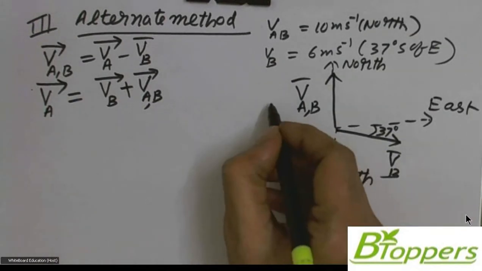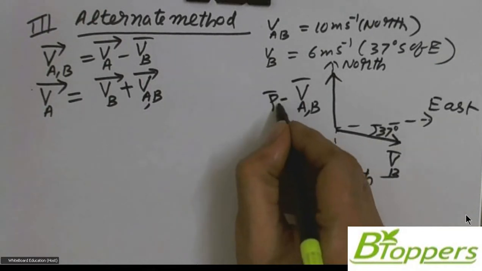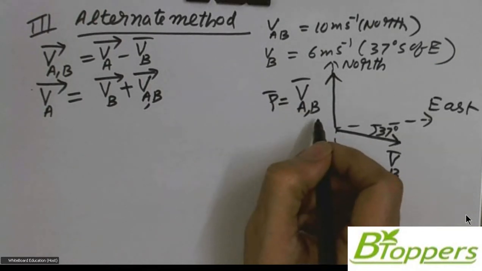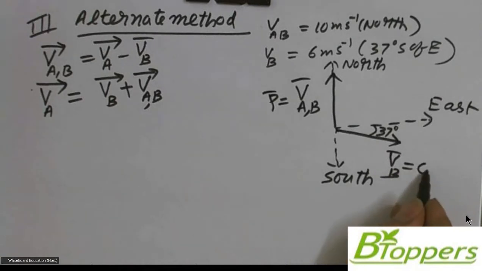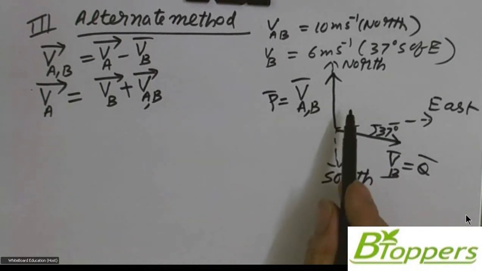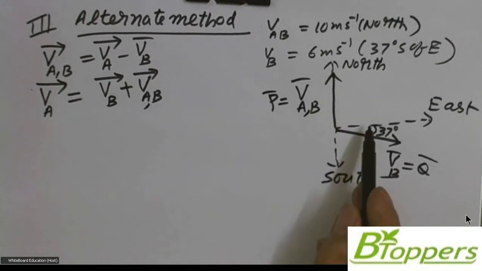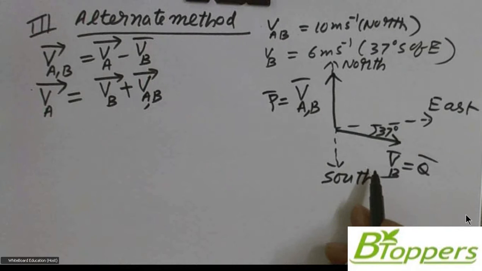Here in place of P bar you have V bar subscript AB, and in place of Q bar you have the velocity of B. So the angle between P bar and Q bar will be equal to 90 degrees plus 37 degrees.